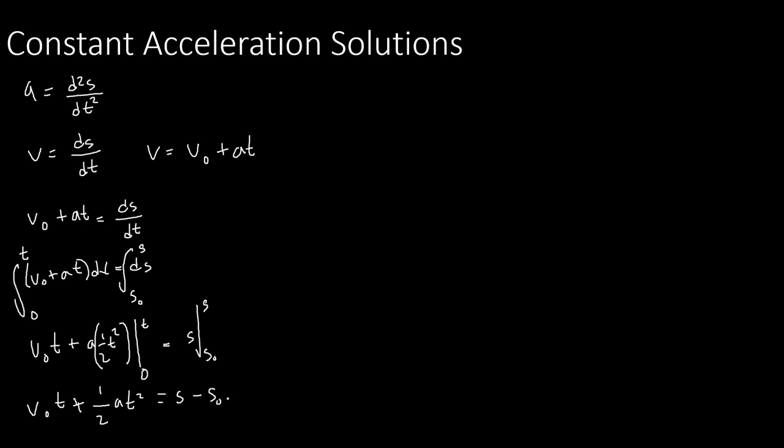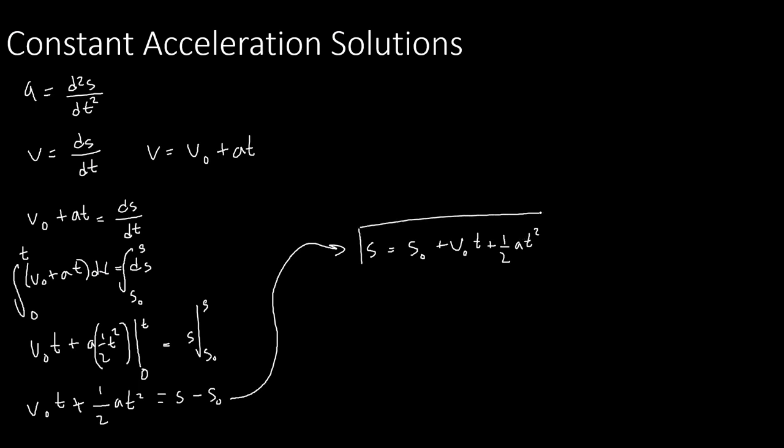So let's bring this up here so we can see it. If we solve for just s, we'll have s is equal to s naught plus v naught t plus 1/2 at squared. And that's going to be our second useful equation.